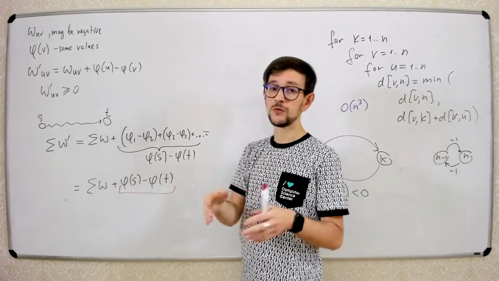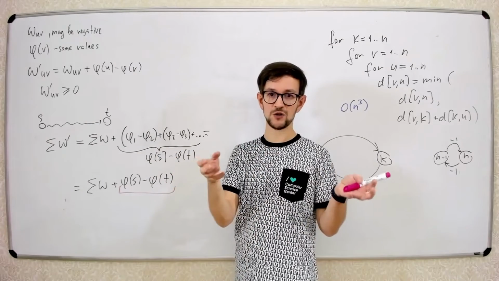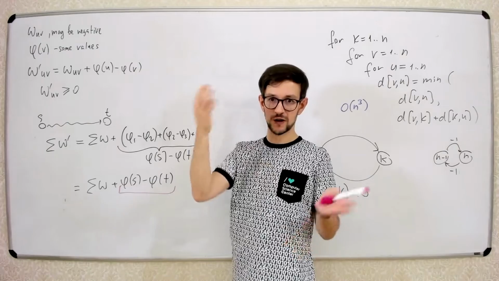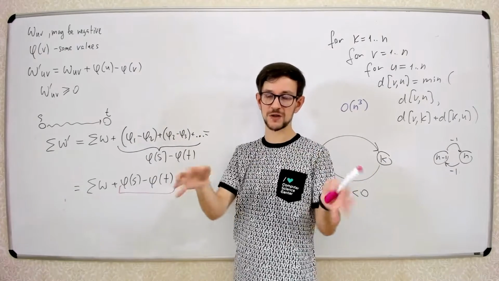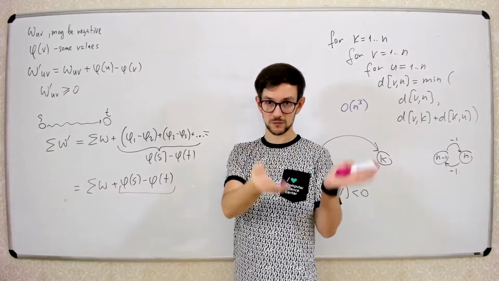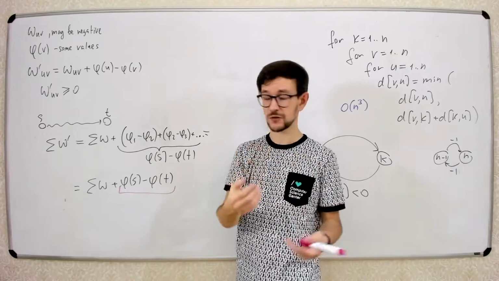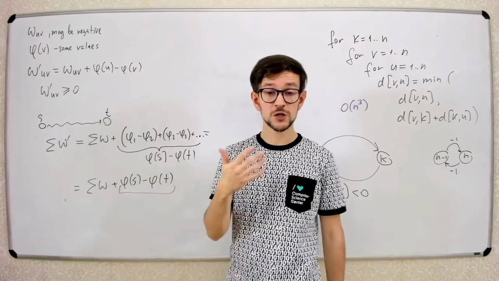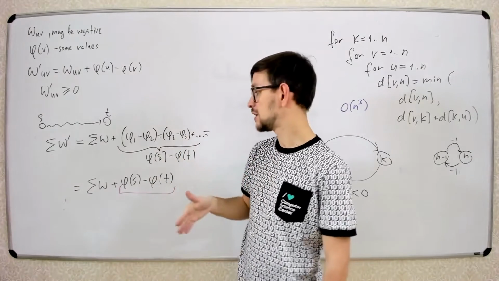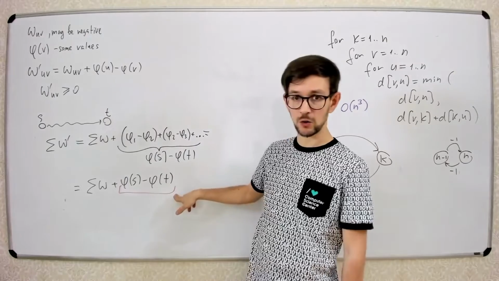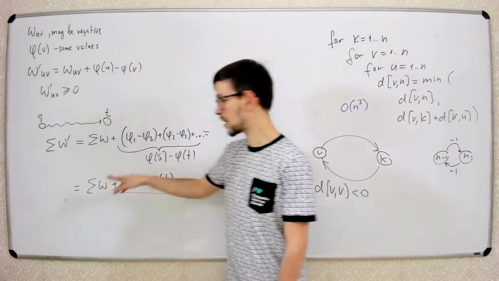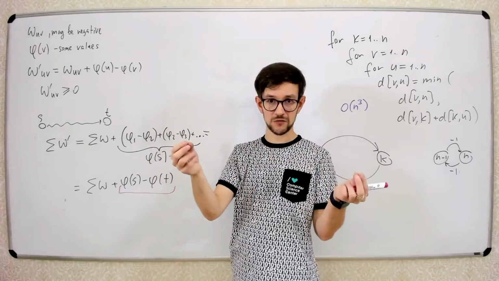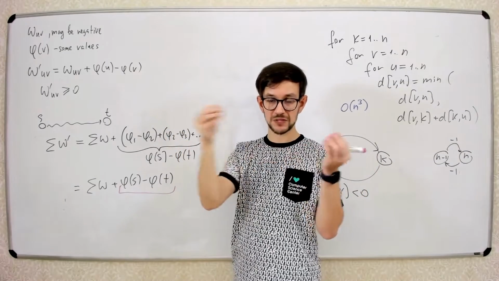Again, if you have some set of integers and you add the same value to all these integers, the minimum will be increased by the same value, right? But it will be increased by this difference. So what does it mean? It means that the shortest path is the same. If you have some shortest path in the old graph, in the new graph you have the same shortest path. The length of this path will be different, but the path itself will be the same.